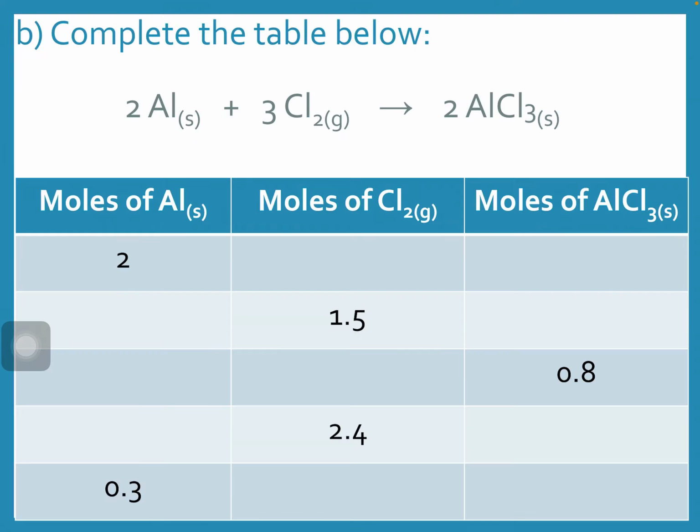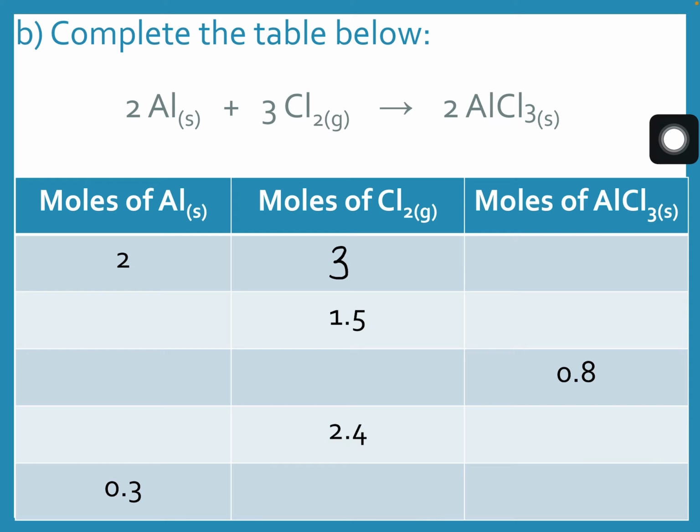So the next thing I'm going to do is, based on that balanced equation, calculate the number of moles I would need of the blank reactants and products based on the piece of information I have. From my balanced equation, 2 moles of aluminum react with 3 moles of chlorine to produce 2 moles of aluminum chloride. So if I have 2 moles of aluminum, that is what is in my balanced equation, which means as I fill these out, I'm just going to have the exact same as my balanced equation.